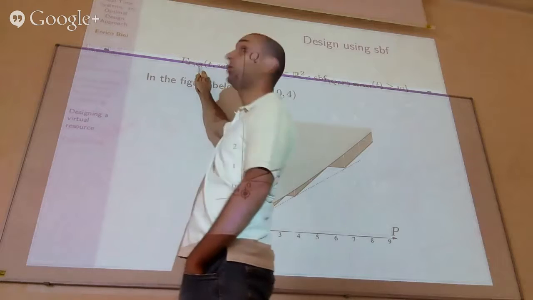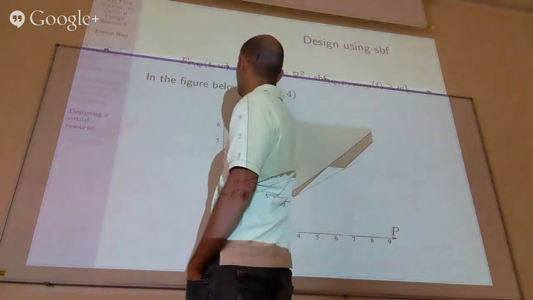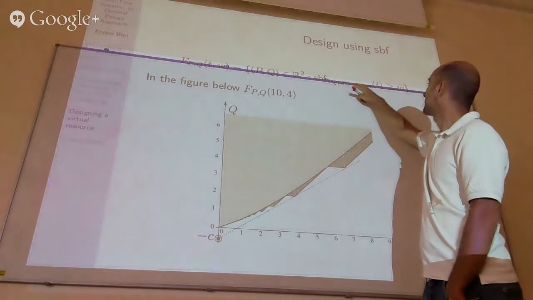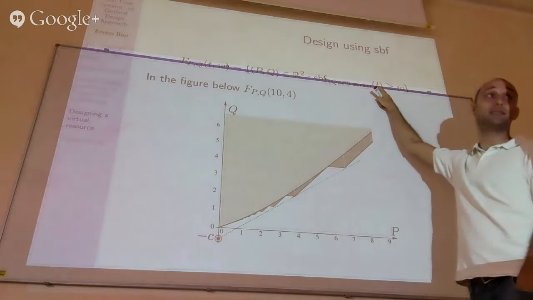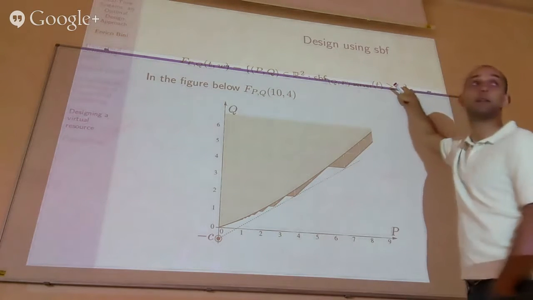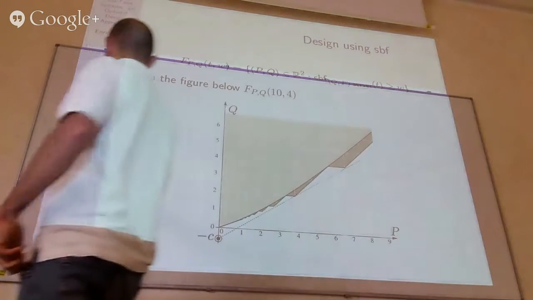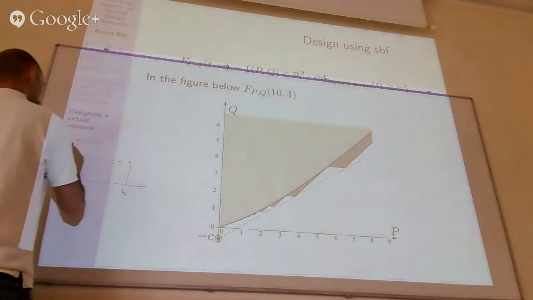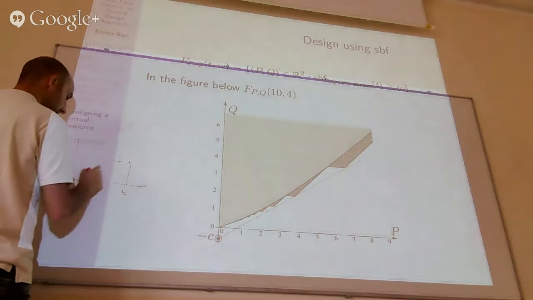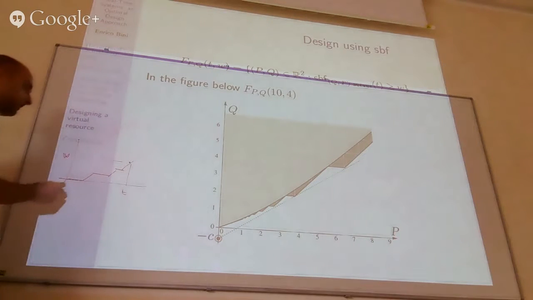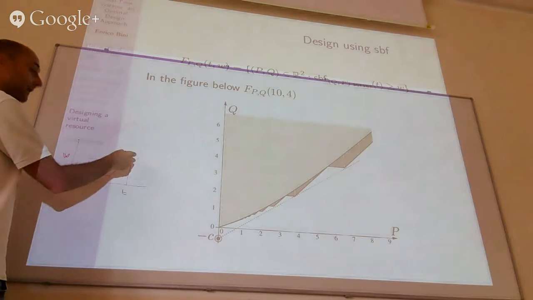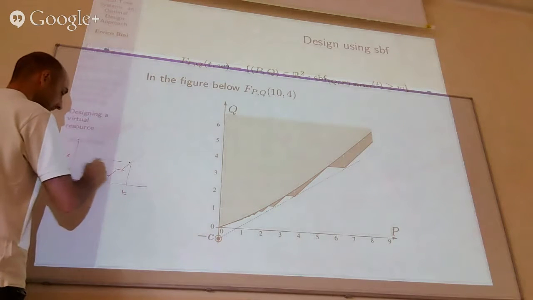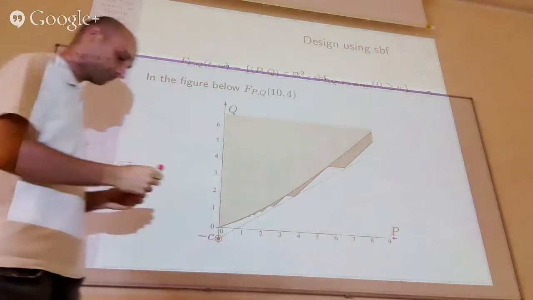We can call FPQ the set of P and Qs such that the supply bound function of those P and Q, evaluated at T, is larger or equal than W. Basically, we have this point T and W, and we are wondering about what is the set of P and Q such that this function is at this point or above.